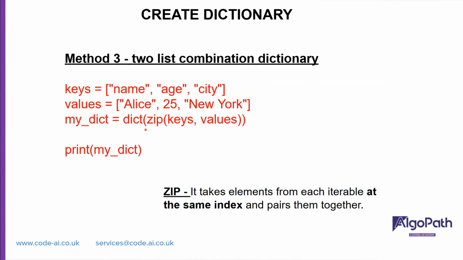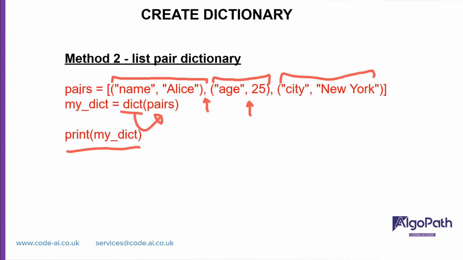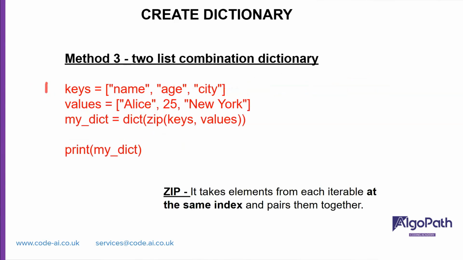Method three, this is where we use standard lists and then we combine them into a dictionary. So in this case, the difference between this one is we only have one list, and this one we have two lists. Obviously, we can call them anything we want, but it makes sense to call them keys and values because that's what they are. And then we use a nice little function here called zip. Now, zip has got nothing to do with WinZip or 7-zip of actually compressing the data.